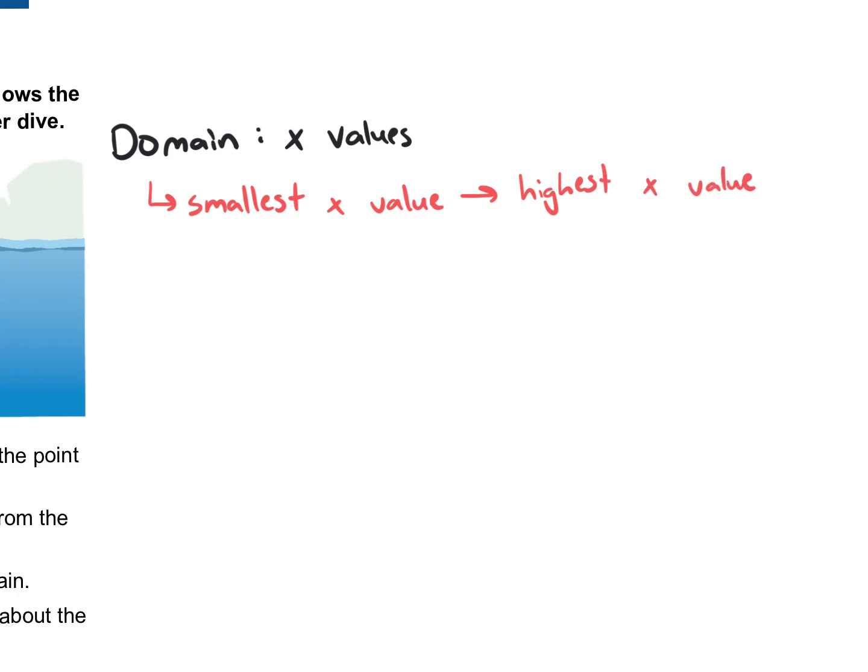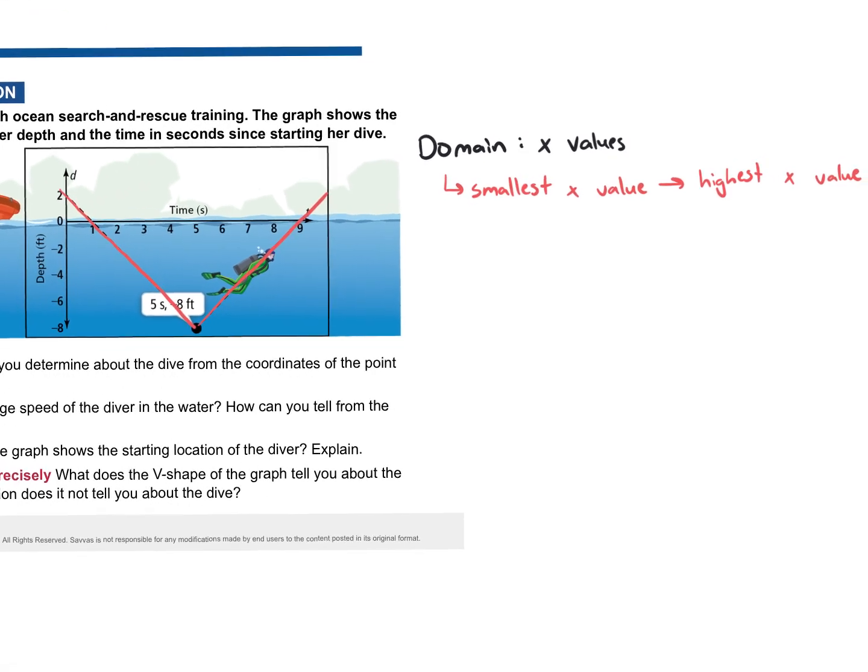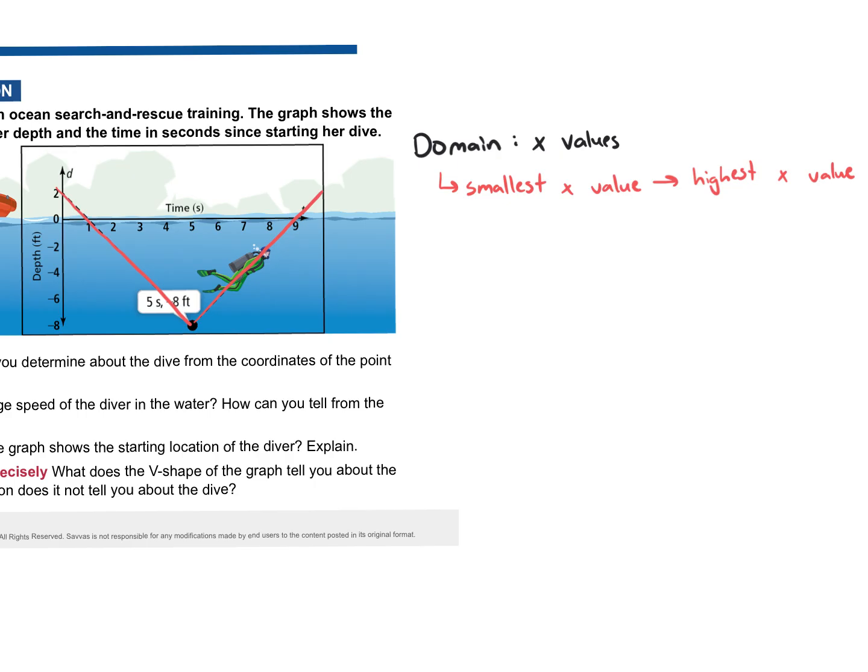Looking at the graph over here for domain and range, remember as a review that X values go left to right. We are looking left to right on the graph.